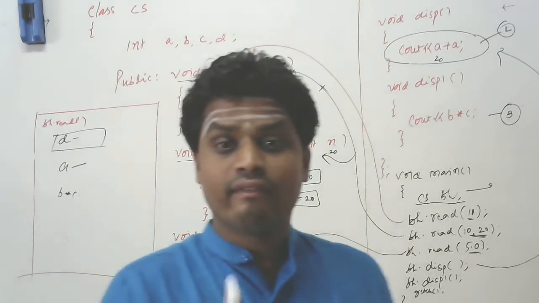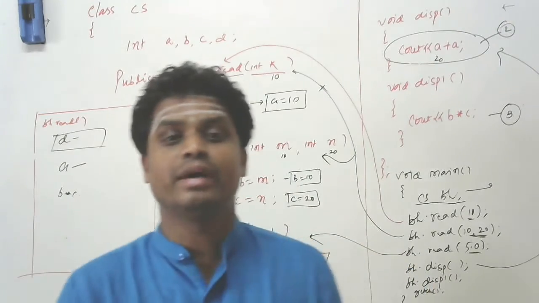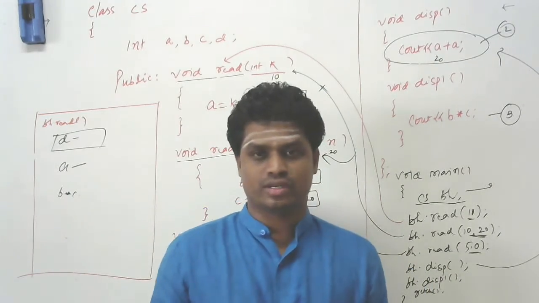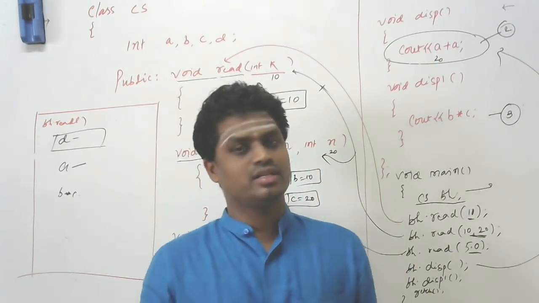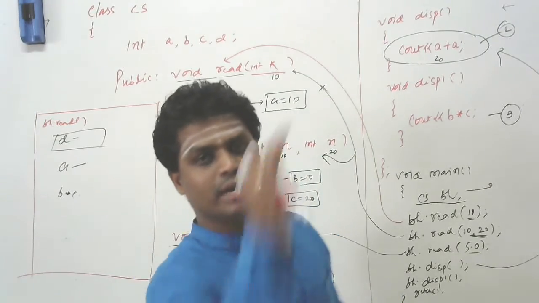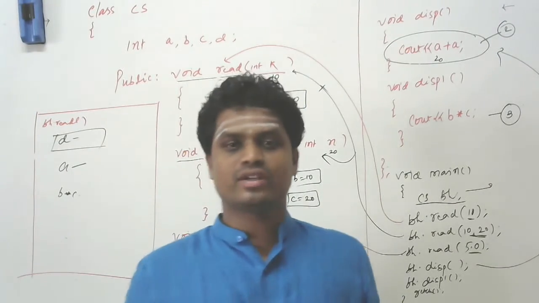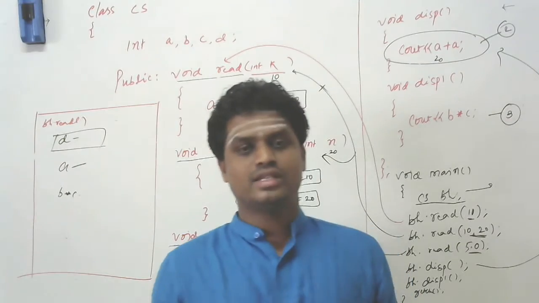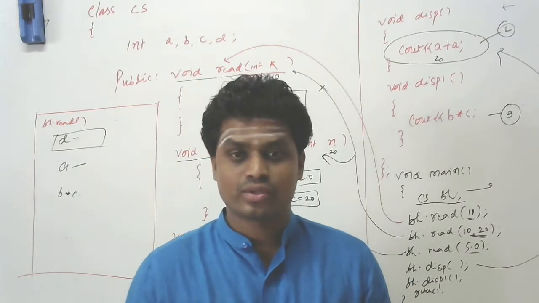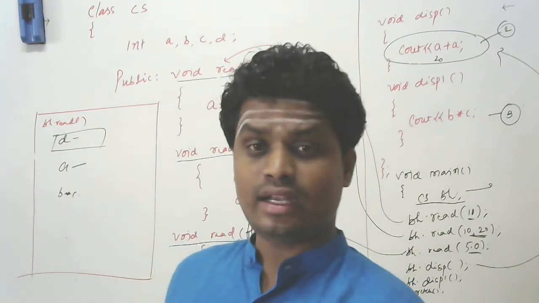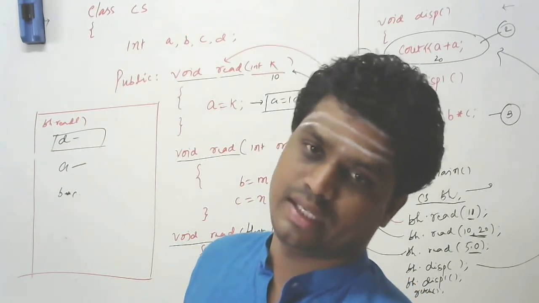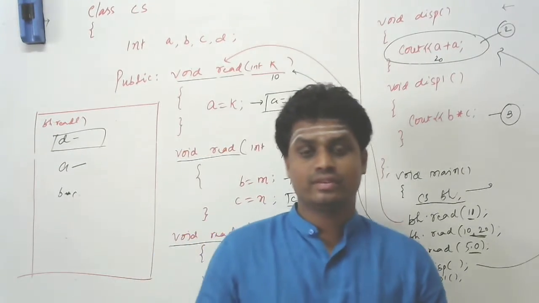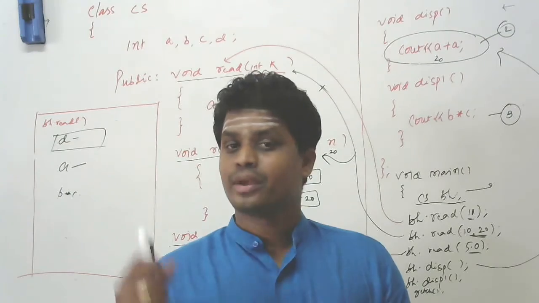Third point, it is very easy to debug, meaning compilation and execution are very easy. Why? Because we are directly passing the values to the member functions, so it becomes very easy for the programmer to execute. And the most important, it avoids ambiguity when you are executing the program.